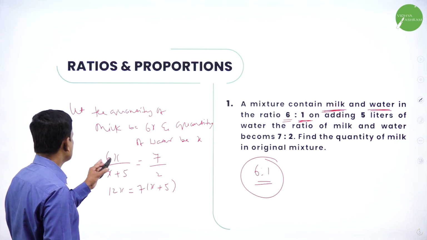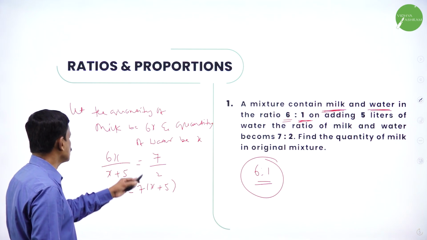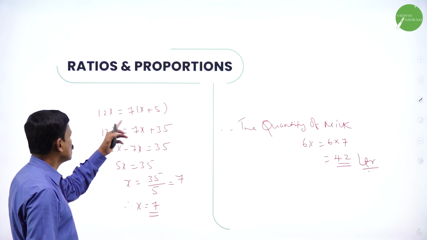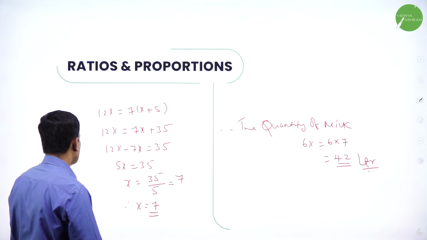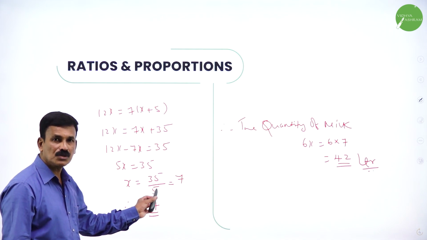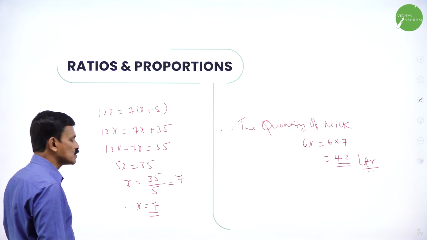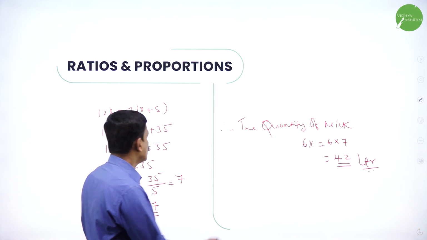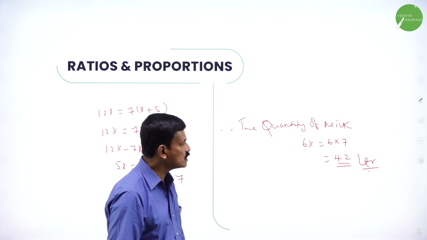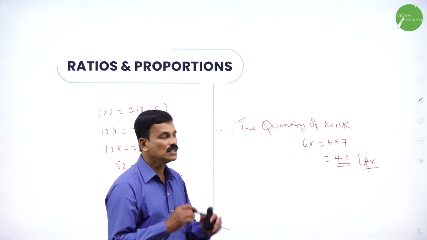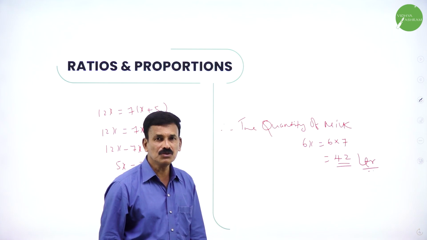Cross multiplying, 6 into 2 is 12x is equal to 7 into x plus 5, that is 7x plus 35. 12x minus 7x is 35, so 5x is equal to 35, means x is equal to 35 divided by 5, which is 7. So x is equal to 7 means the original quantity of milk is 6 into 7, which is 42 liters. The quantity of milk is 42 liters.